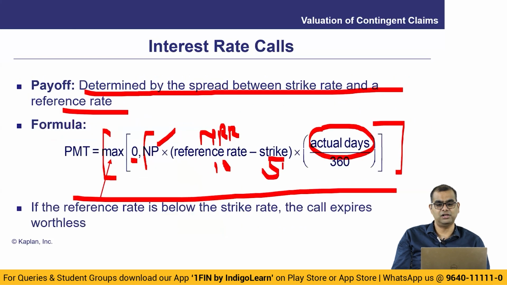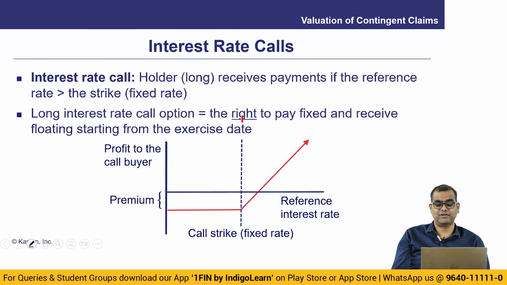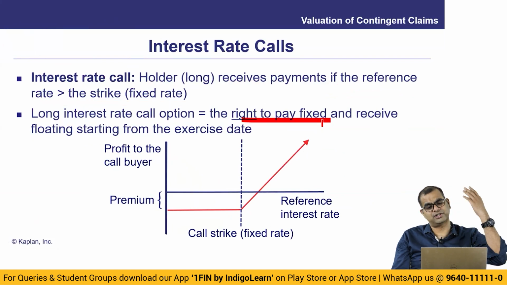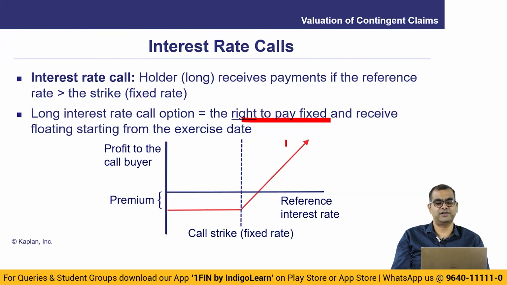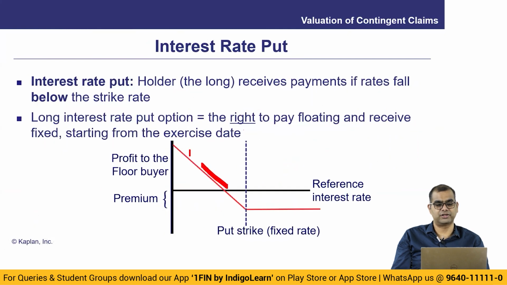Whereas in the case of a call, you have a right to pay fixed, so your fixed number is defined. You can receive anything: 10%, 20%, 100%, whatever the number is. So it is potentially infinite, which is why the curve goes like this. Whereas here, the curve is limited. You have a limitation. All the put contracts look like this only.